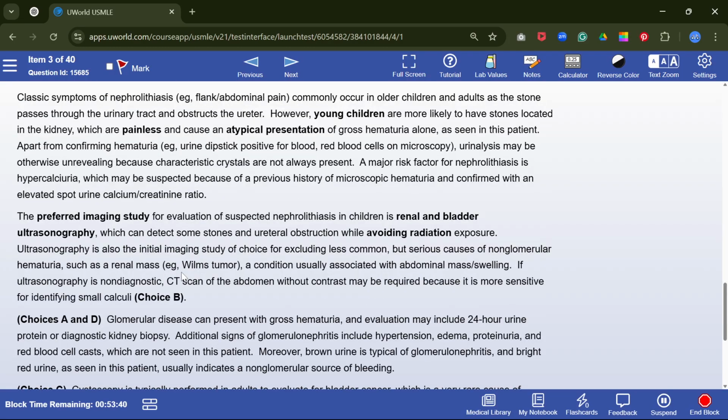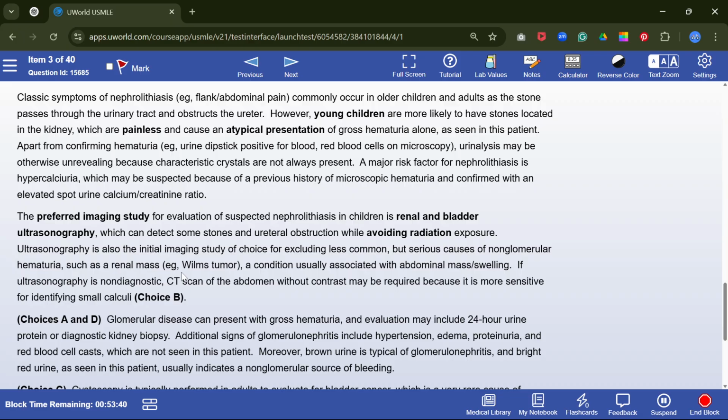The preferred imaging study for suspected nephrolithiasis is renal and bladder ultrasonography, which can detect some stones and ureteral obstruction while avoiding radiation exposure.